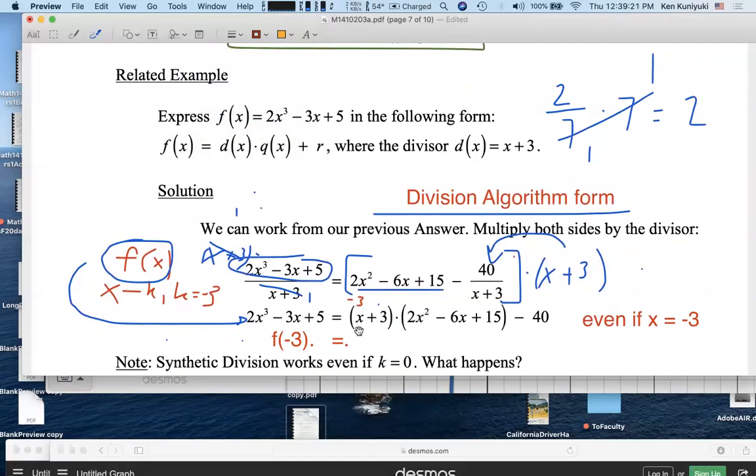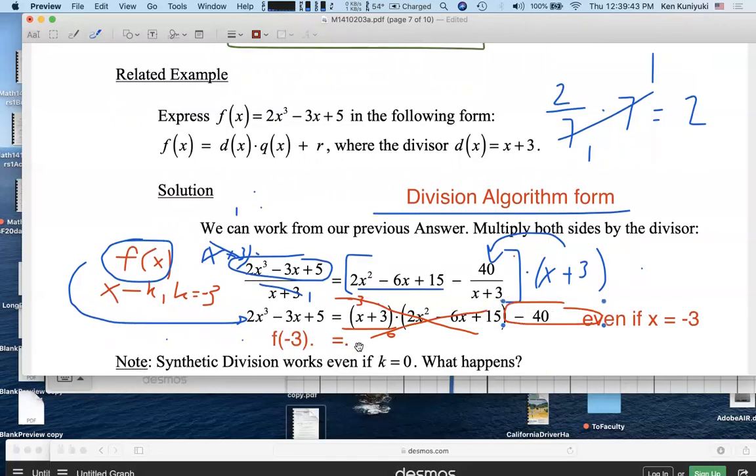That's 0. And therefore, this times this, 0 times all that, this whole thing is going to be 0. So if you plug negative 3 into the right side here, this whole product drops out, and we're left with this constant term, this remainder, the negative 40.